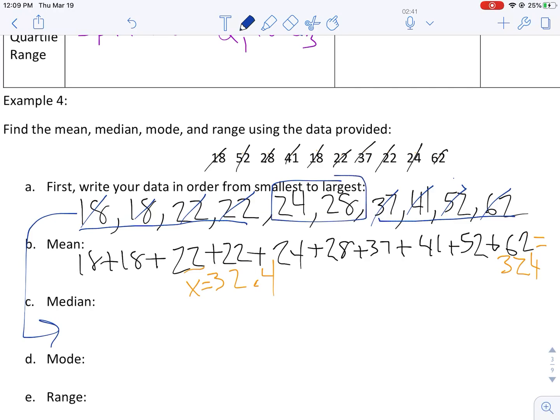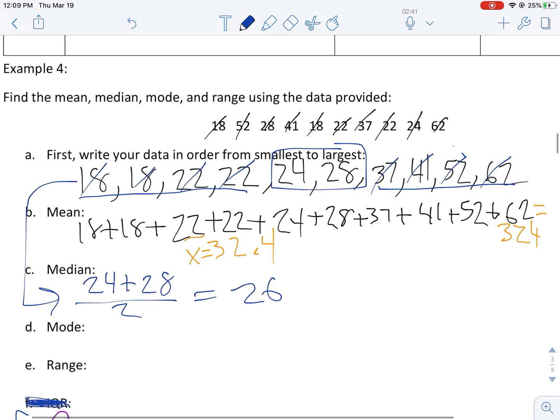So I have 2 in the middle there. So I'm going to go 24 plus 28 over 2. So that is going to give me 26. So that's going to be 26.